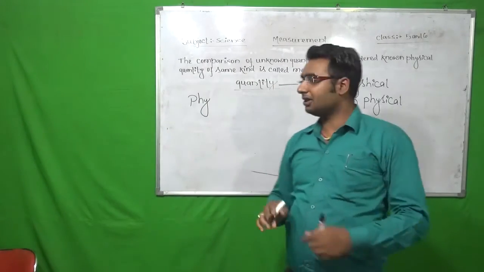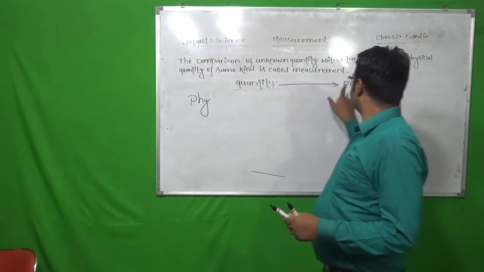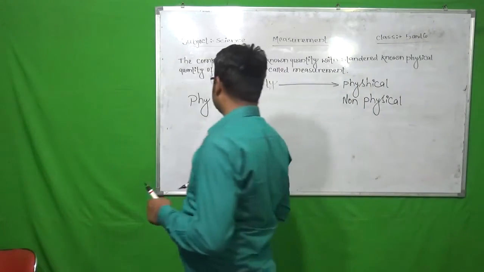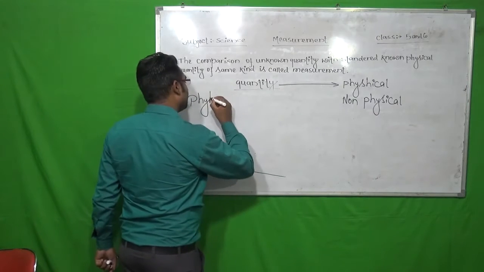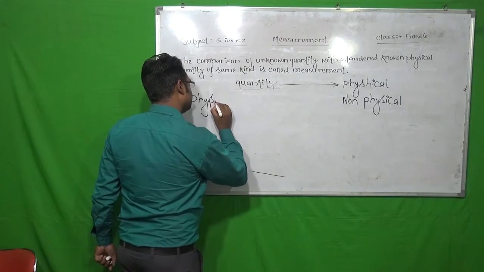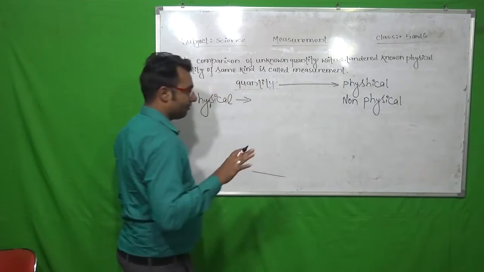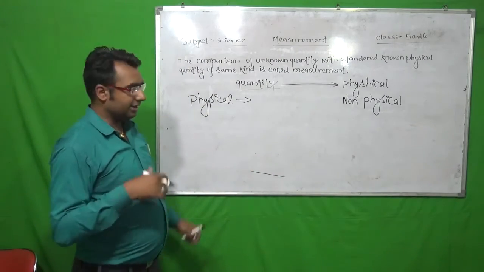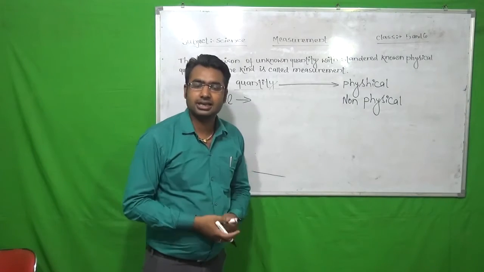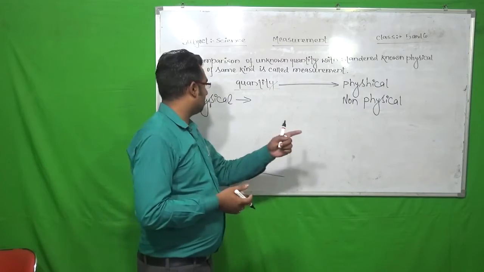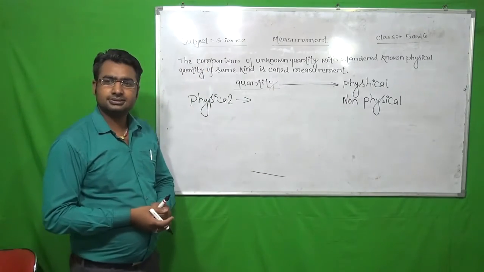Physical quantity is those types of quantity which can be measured. In another way we can also say that the measurable quantity is called physical quantity.